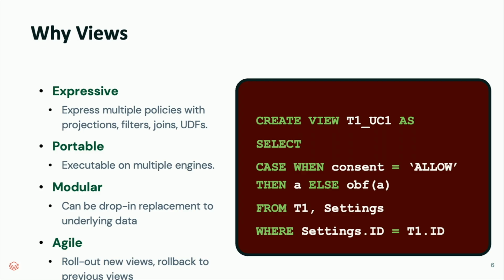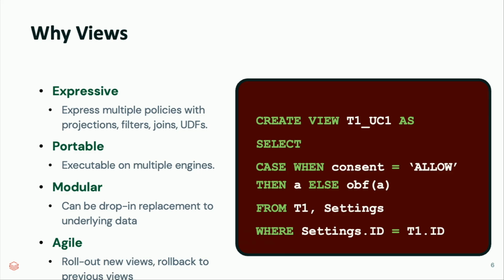And this is just a simple view that shows us how to implement row level and actually also column level obfuscation on a table. So here you see the input table that is called T1. And let's assume that there is a settings table where users encode what they want to have known about their data. And then to satisfy each user's requirement individually, we simply join the two tables based on maybe the user ID.